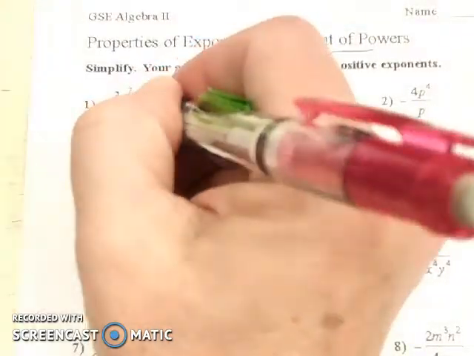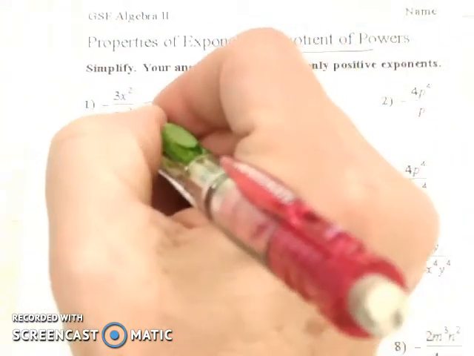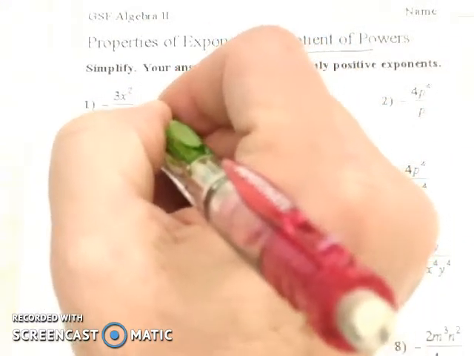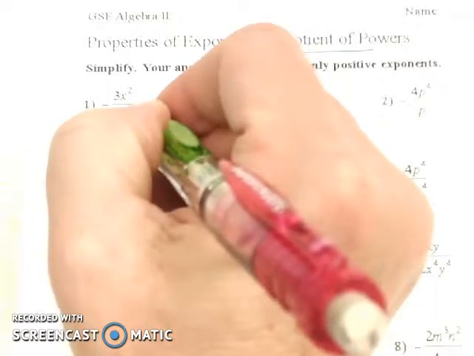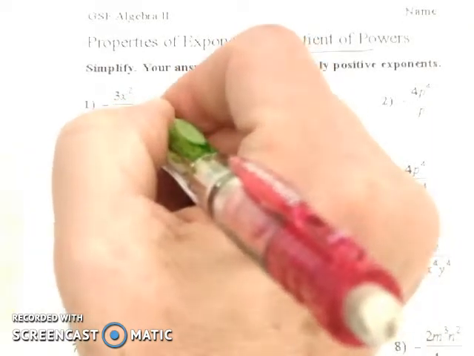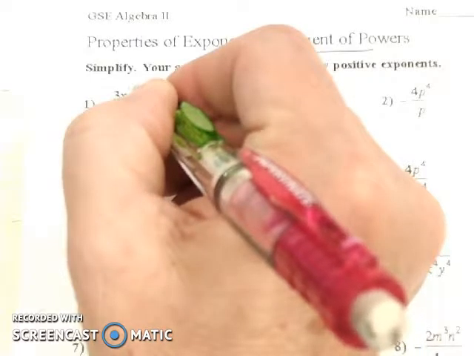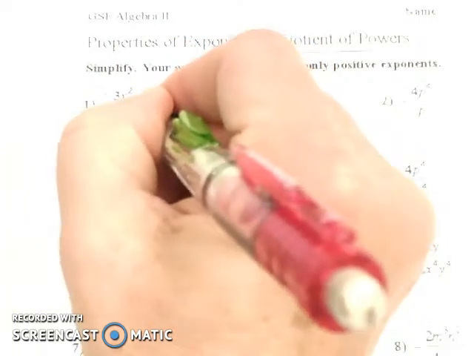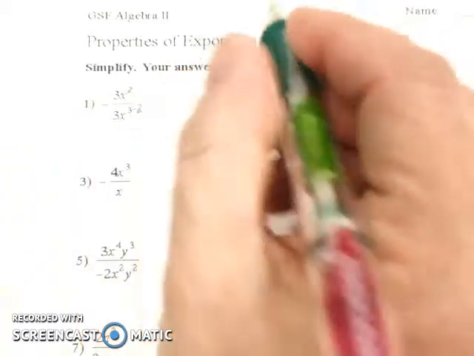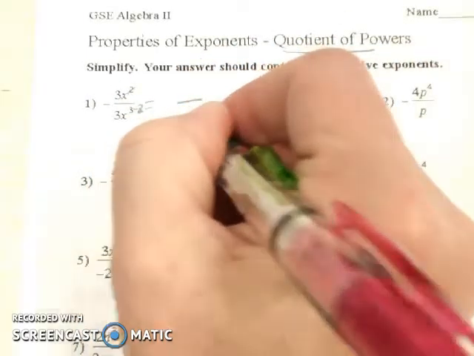X squared over x cubed. When you divide like bases, you subtract the exponents, and you always want to subtract the smallest from the largest. So if I subtract 2 from 3, sorry, I wrote a 3, then I have in my denominator x to the first.